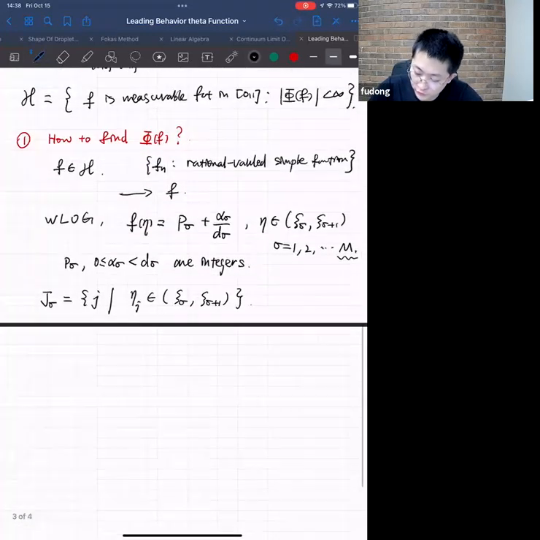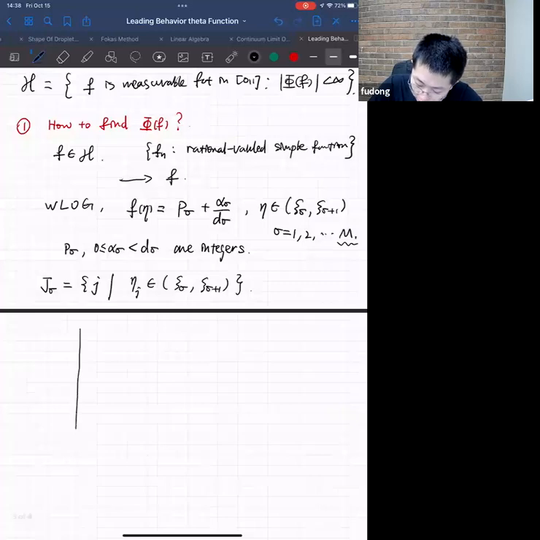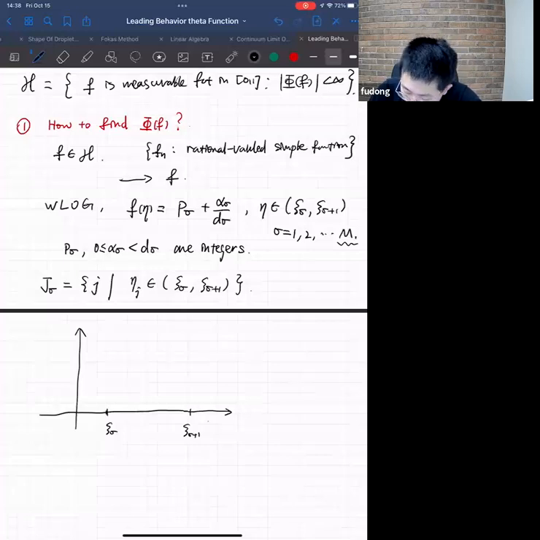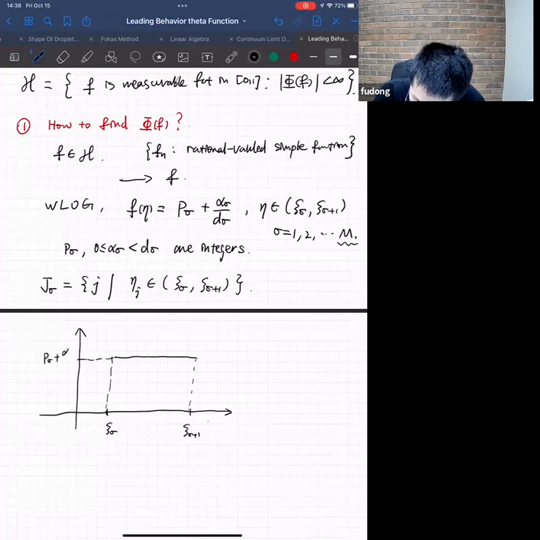Now let's focus on this interval and let's see what it looks like. At this interval, the function f is just a constant. So it's p sigma plus alpha sigma over d sigma.